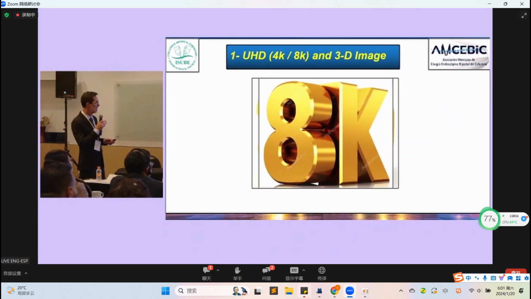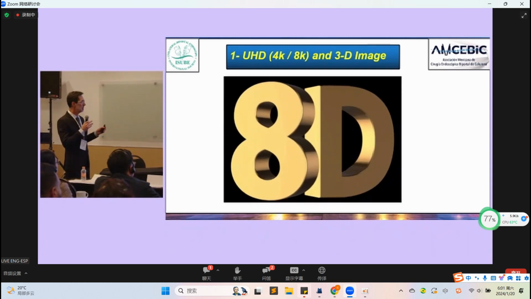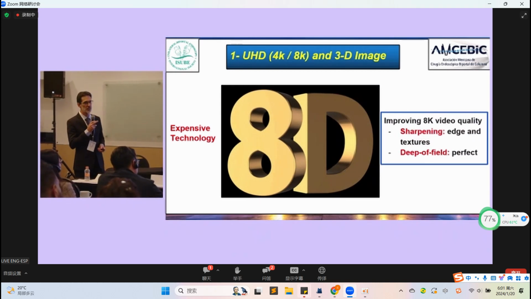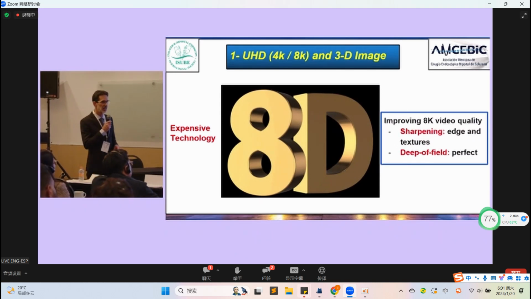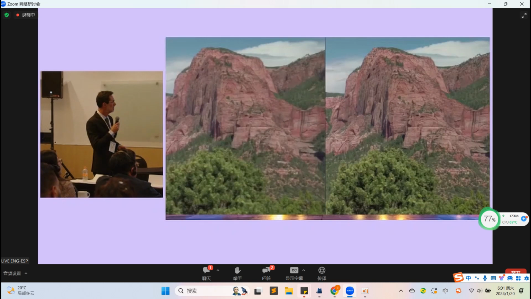And what happens when you merge 8K and 3D? A new image, 8D. A fantastic new image, 8D. It's expensive technology, but it's possible to use in some cases that we need improved sharpening and depth of field. Something like this.